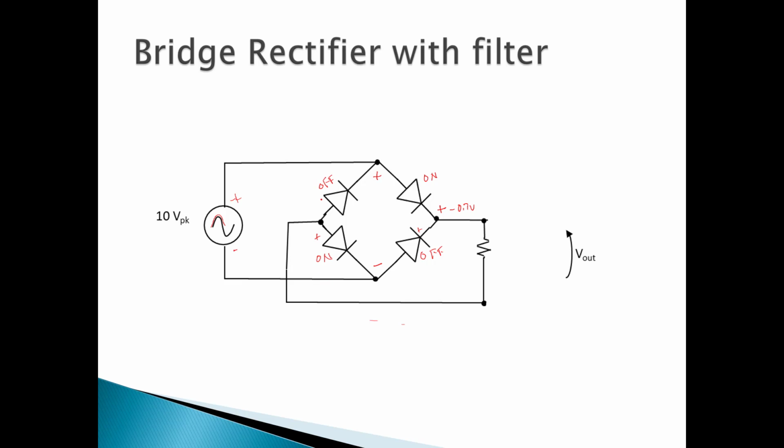But wait, if this side is positive, why isn't that diode on? Because this positive is more positive than this. This side, what will I call it? Positive A and positive B. And positive A, I'll just write it up here, positive A is greater than positive B. So it keeps this diode turned off.